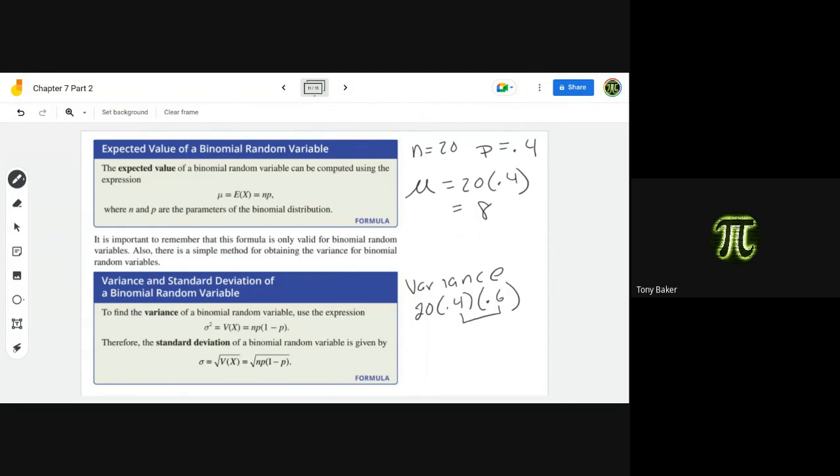The variance is the number, which is 20, times the success percent times the failure percent, which is 1 minus P. In this case, my variance is 4.8. And my standard deviation is just the square root of that, which in this case is 2.19.